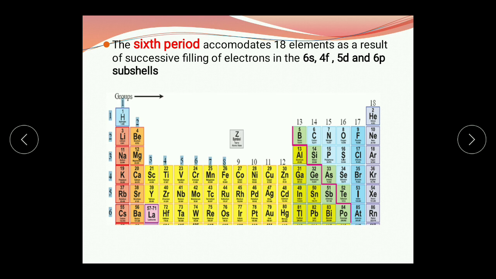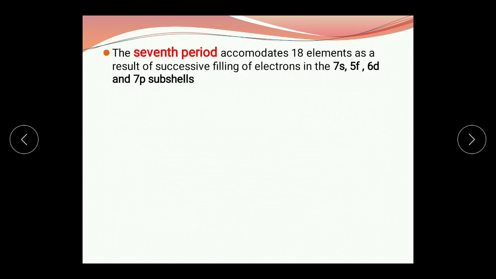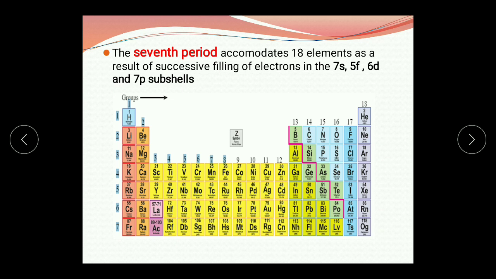The 6th period has elements in which electrons are filled in 6s, then 4f, and 5d, and then 6p. In the same way, the 7th period can also accommodate 18 of its own, then 14 of f block, and total 32.